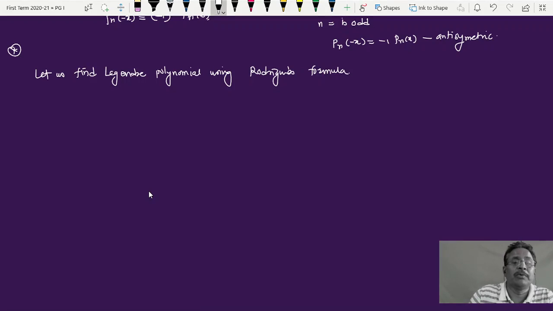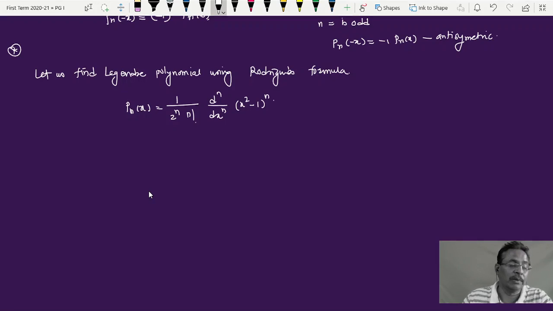What is the Rodrigues formula we have been given? It is Pn of x is equal to 1 upon 2 raised to n factorial into d raised to n upon dx raised to n into x square minus 1 raised to n. This is my Rodrigues formula.